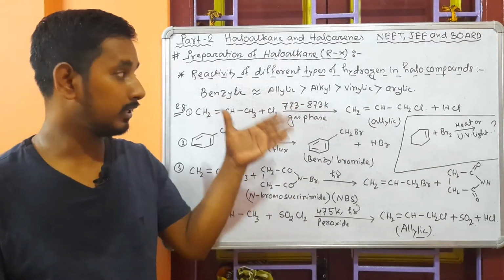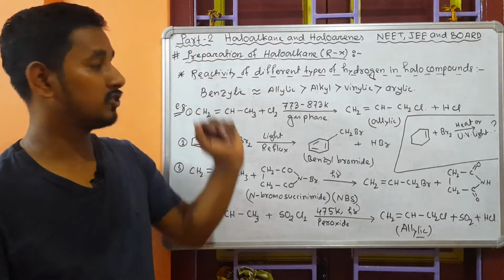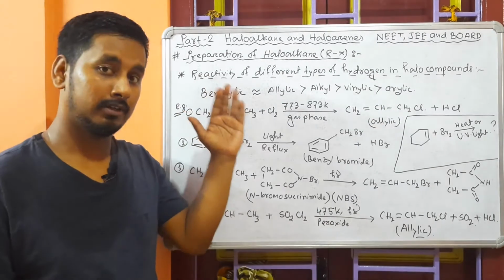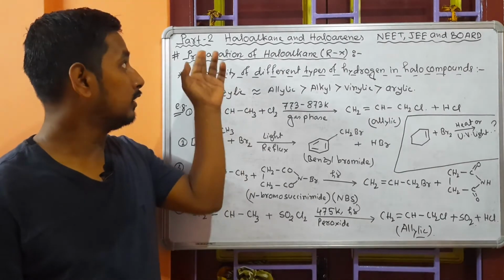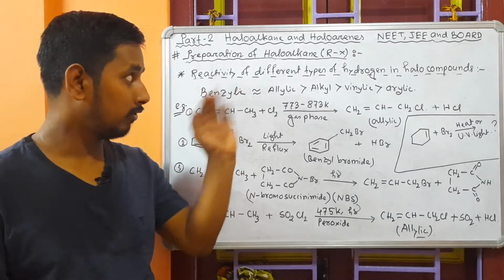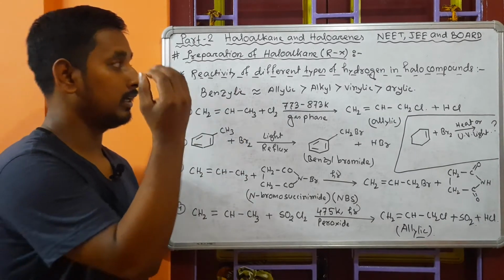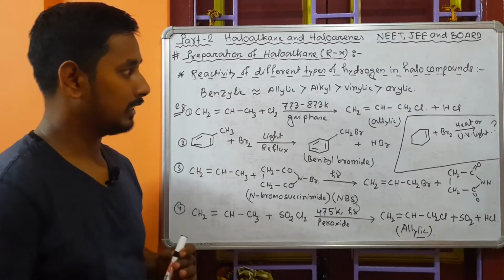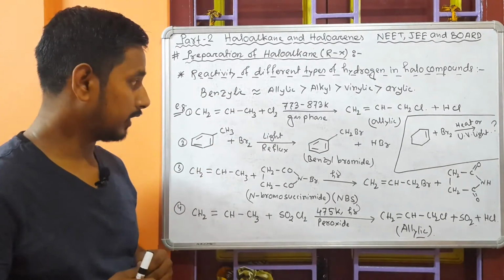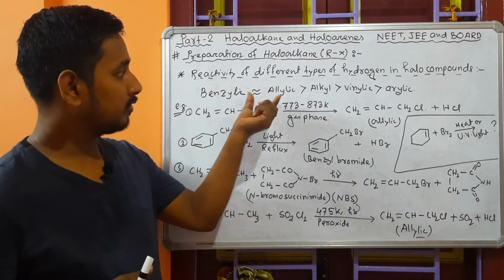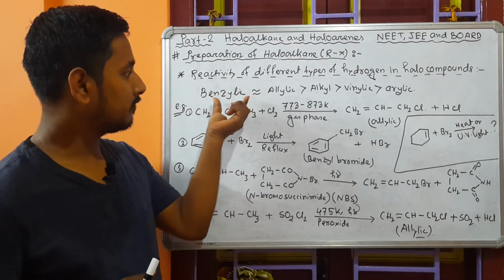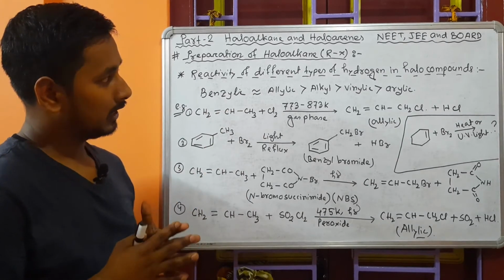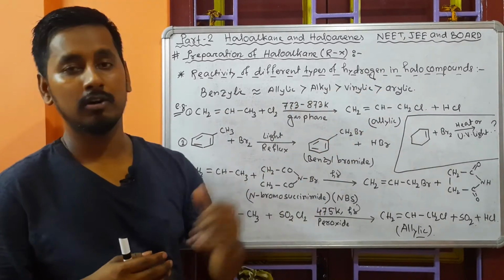These things are explained in the first part of this chapter, the introduction part. You just go through the channel and you find the first part of haloalkanes and haloarenes, and in that video we discuss benzylic, allylic, alkyl, vinyl and aryl. See the reactivity of different hydrogens: if the hydrogen is the benzylic one or allylic one, they have higher reactivity than that of alkyl, vinyl or aryl.